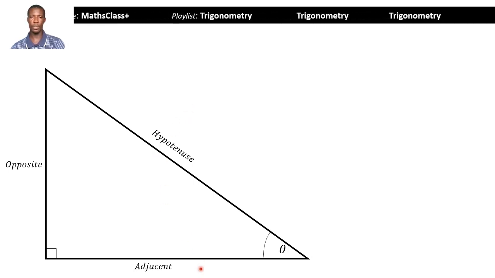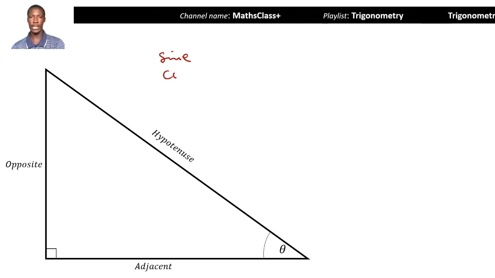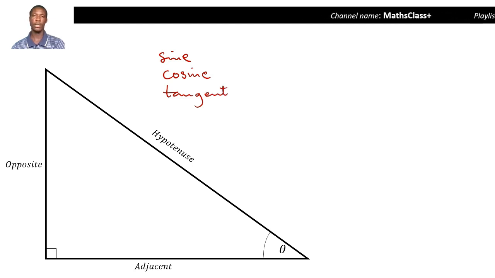Okay, so now with our trigonometric ratios, we have sine, we have cosine, and then we have tangent. These are not all, but these are the basic ones. We have the inverse trig ratios, so inverse of sine, inverse of cosine, inverse of tangent.